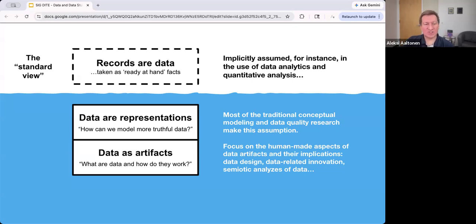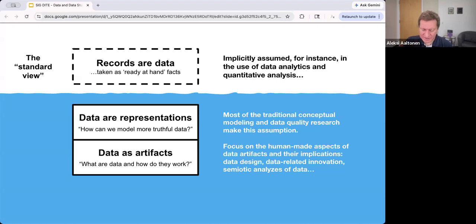What kind of innovation work can we create with data? Data is the raw material, or the key resource, for many innovations and services these days. And what are the semiotics of how the data artifacts work?